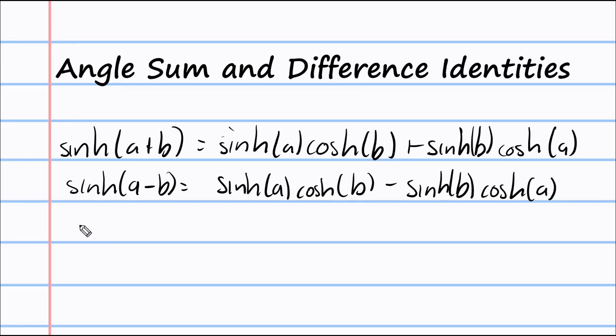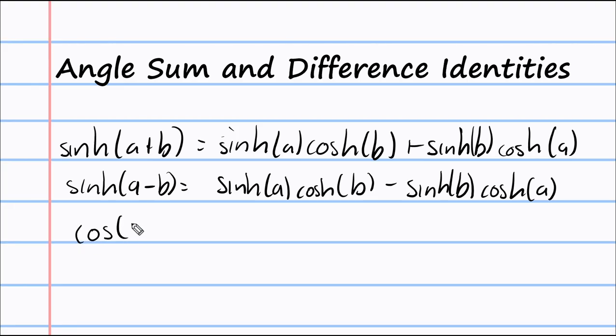Now the difference here is with cosine. With cosine a plus b, that was originally cosine a times cosine b minus sine a times sine b. But now you're adding cosh a times cosh b with sinh a sinh b. Let me show you what that looks like.